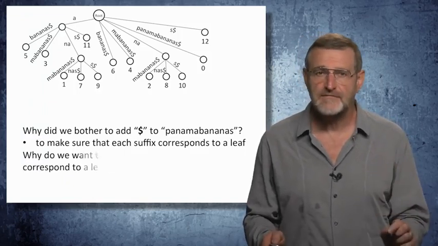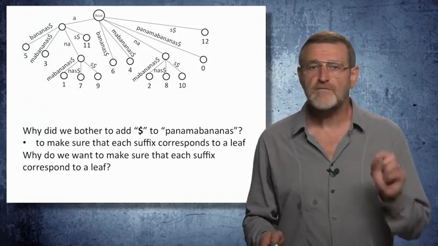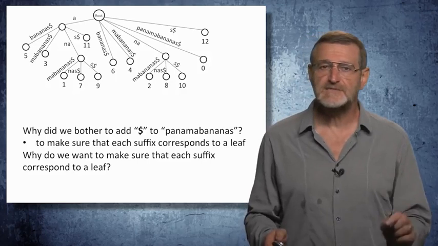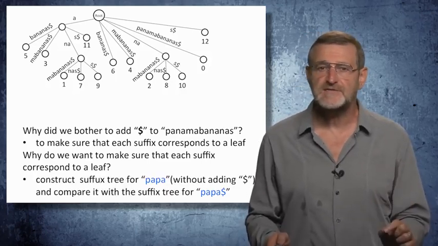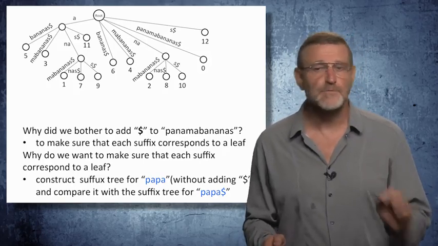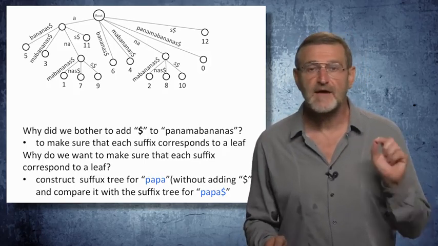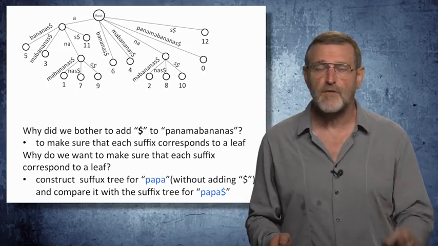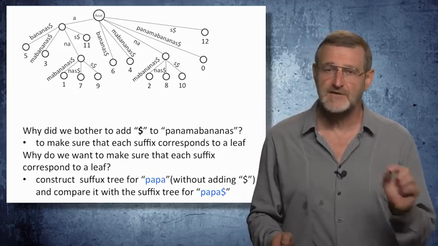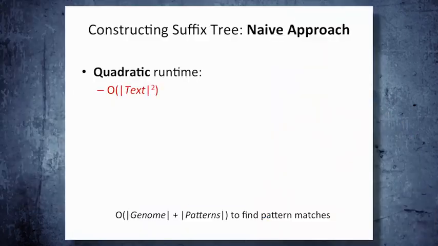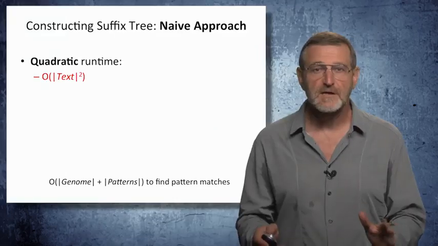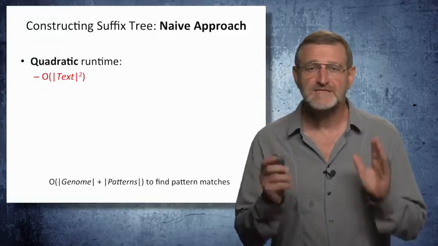Since each suffix adds 1 leaf and at most 1 internal vertex to the suffix tree, the number of vertices in the suffix tree is less than 2 times the length of the text. And therefore, the memory footprint of the suffix tree, which is proportional to the number of edges in the suffix tree, is simply of the order of the length of the text.